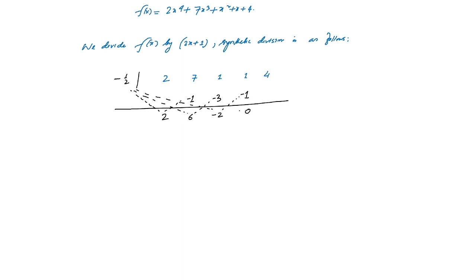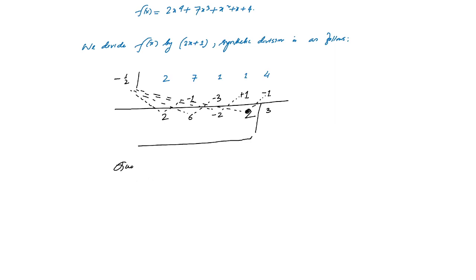Minus 1 plus 1, 0. Sorry, this is plus 1, 2. And minus half into 2 is minus 1, means 3. So synthetic division is done. So 3 is basically the remainder, and the other part plays the important role for the quotient.